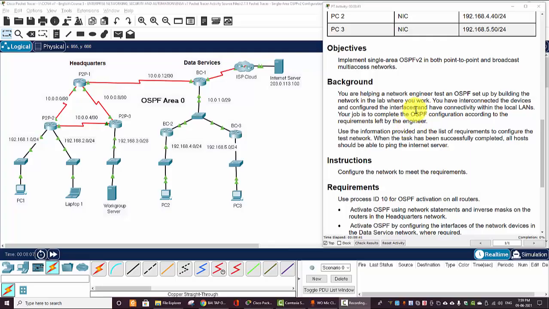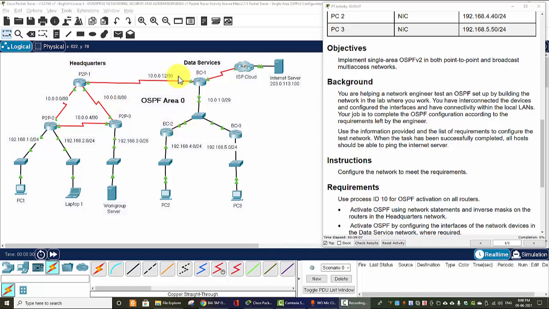Hi, in this lab activity, we will implement single area OSPFv2 in both point-to-point and broadcast multi-access networks. About the background, we are helping a network engineer test an OSPF setup by building the network in the lab where we work.